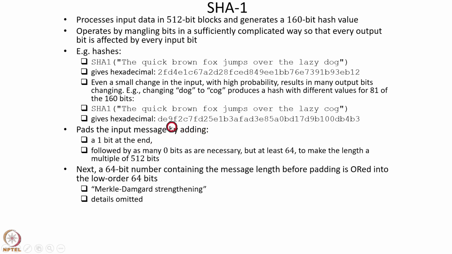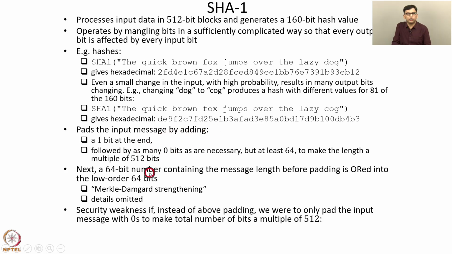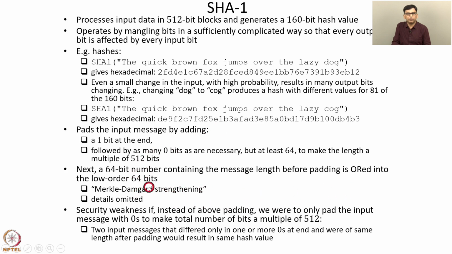So we omit the details, but one security weakness is easy to see. If instead of this particular padding, we were only to pad the input message with zeros to make the total number of bits a multiple of 512, then two input messages that differed only in one or more zeros at the end and were of the same length after padding would result in exactly the same hash value.